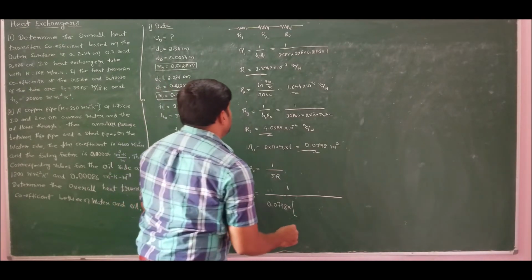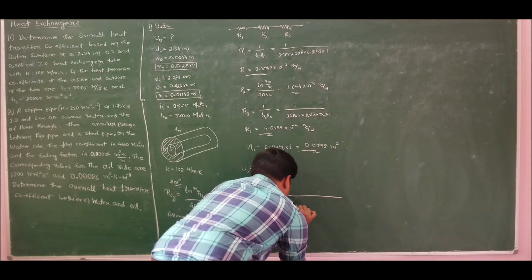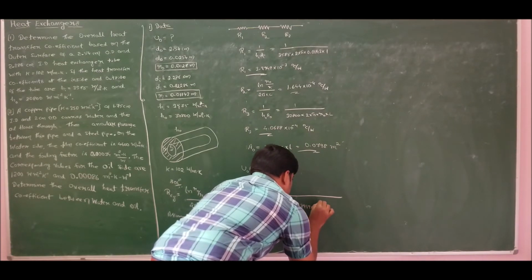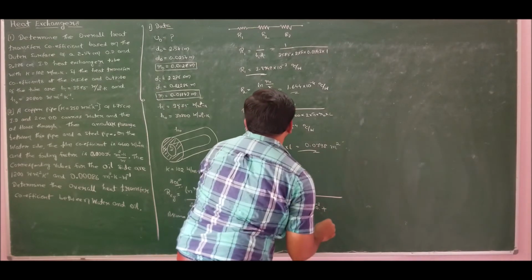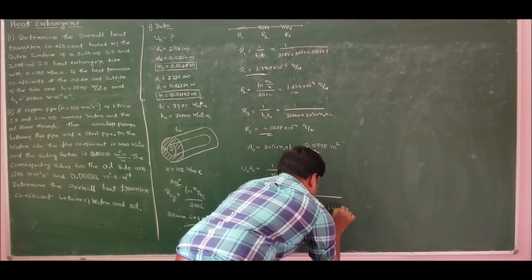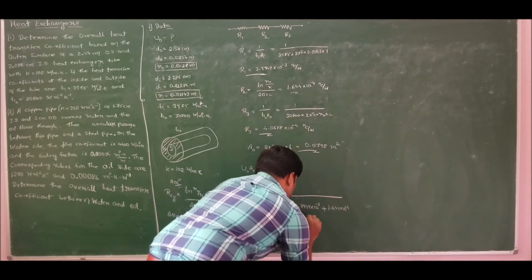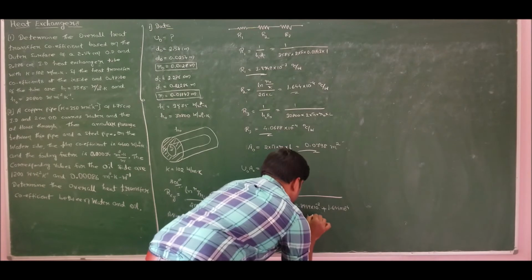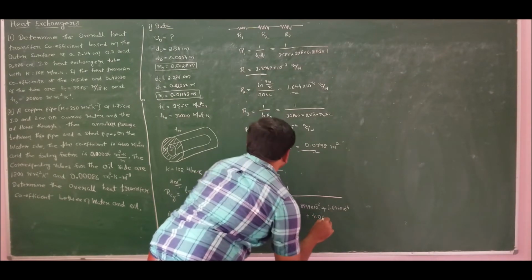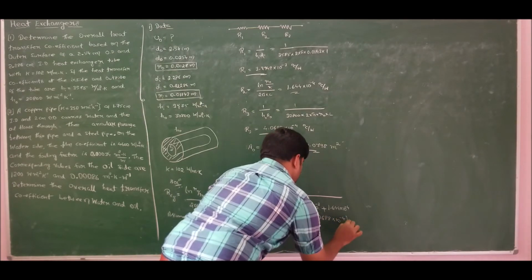Sum of resistance will be 3.8949 into 10 to the power of minus 3, plus 1.644 into 10 to the power of minus 4, plus 4.0688 into 10 to the power of minus 4.